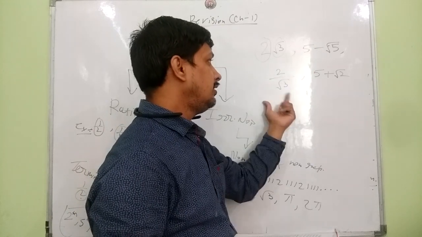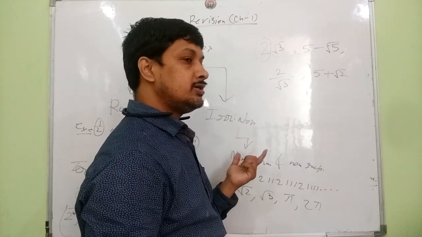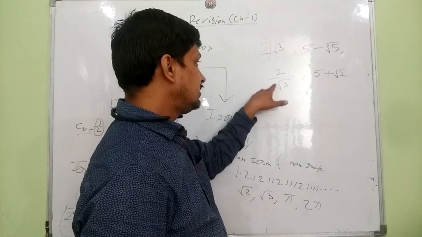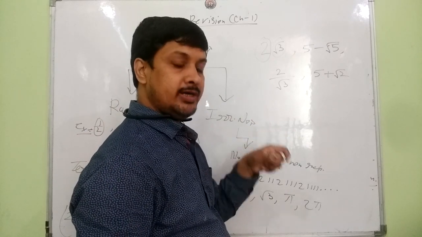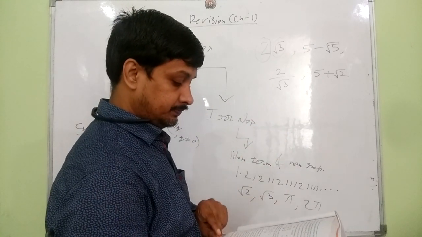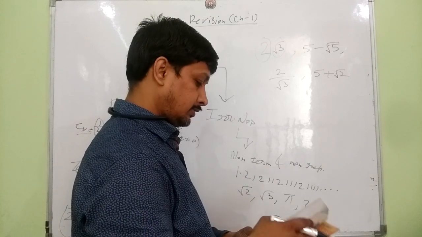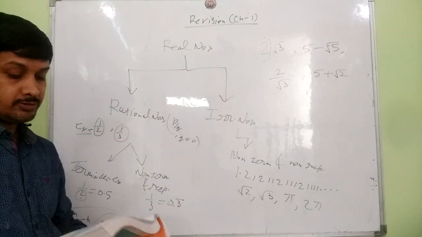So all of these are irrational numbers. And what is the reason? Because when we find the decimal expansion of these numbers, they will give us a result that is non-terminating and non-repeating. So just pause the video and note down the information.